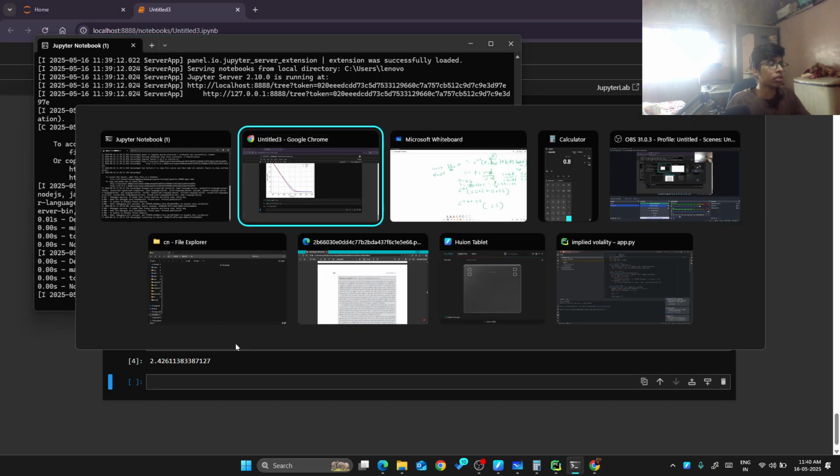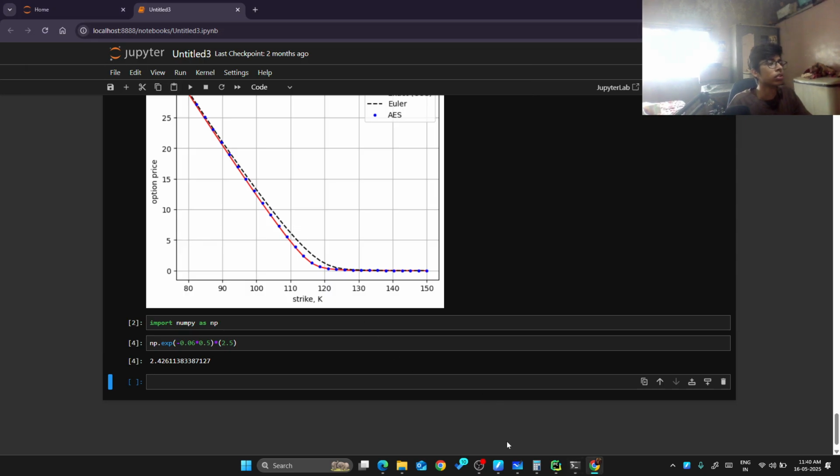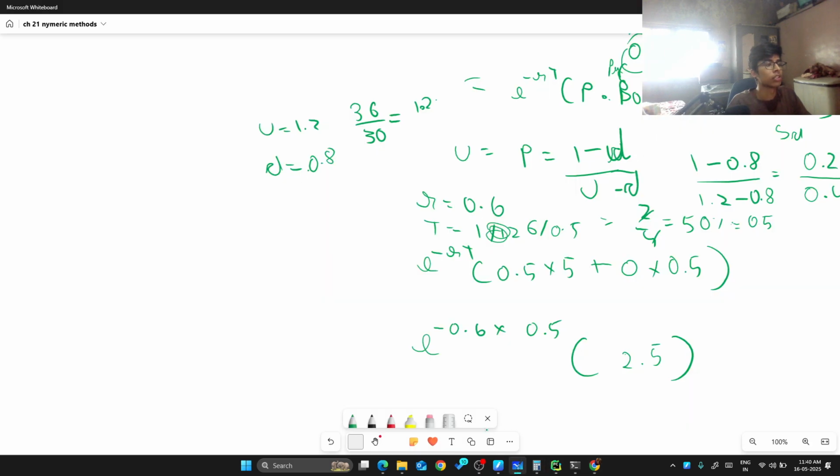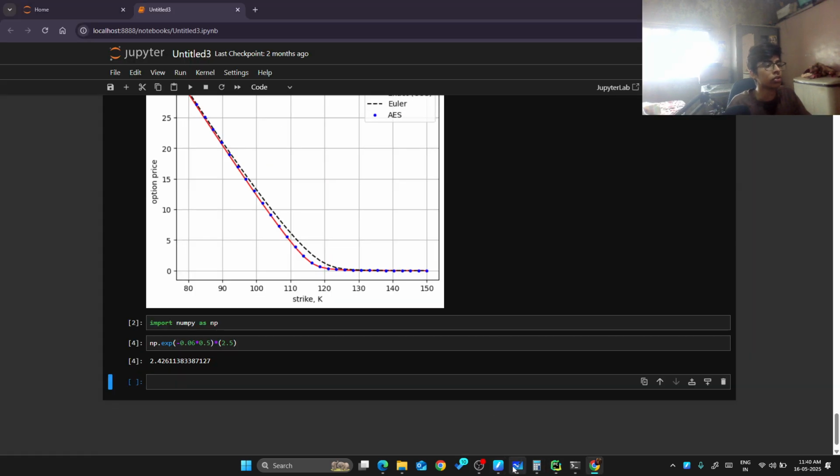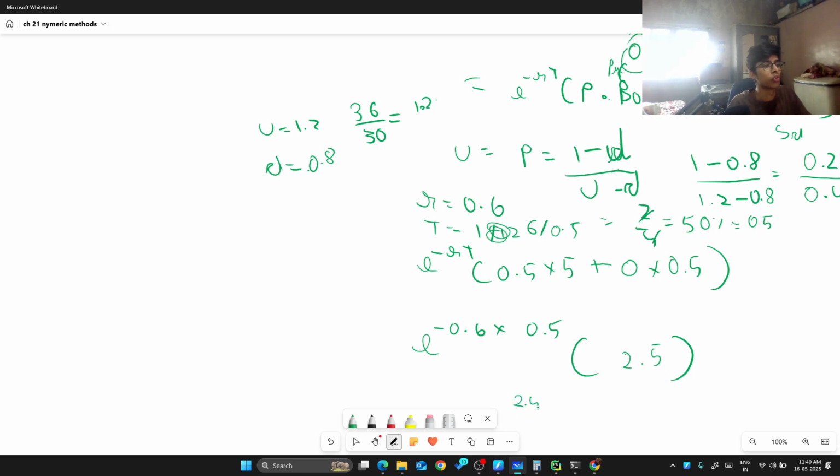Our final option value would be 2.426. Simple. And that's how the binomial tree works. In each chapter there is some extension of the binomial tree, and we will see it right now.